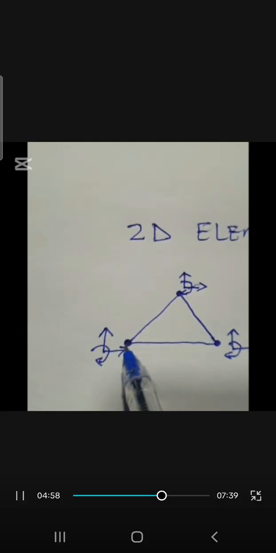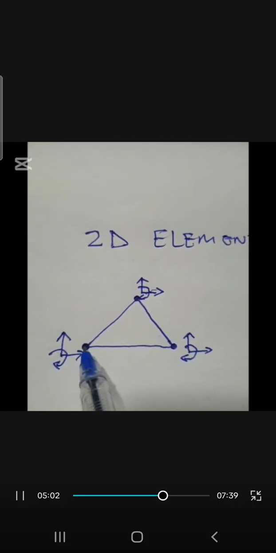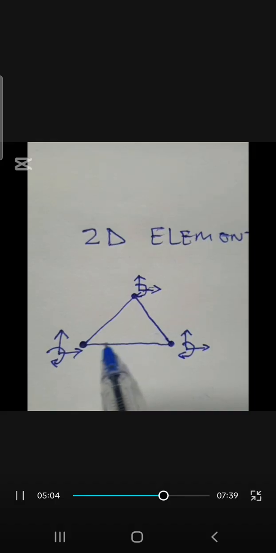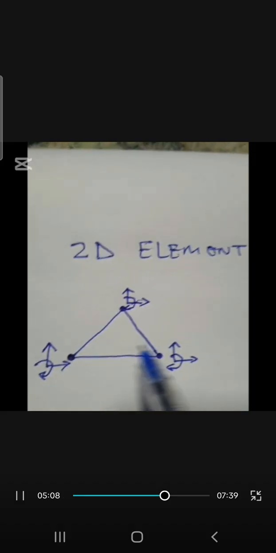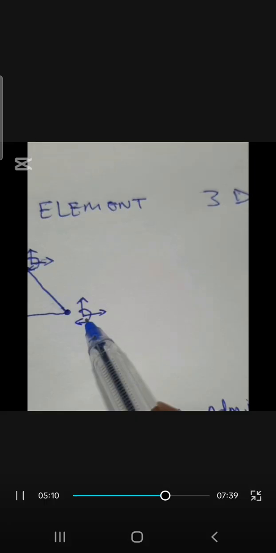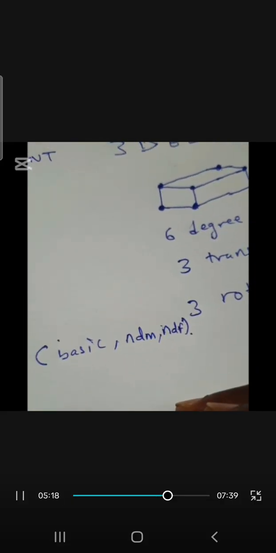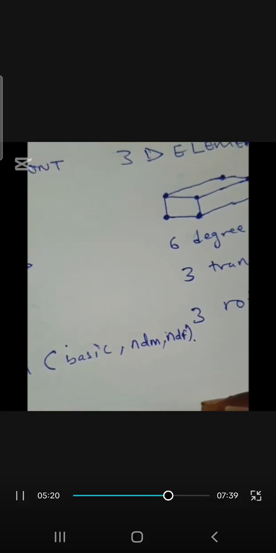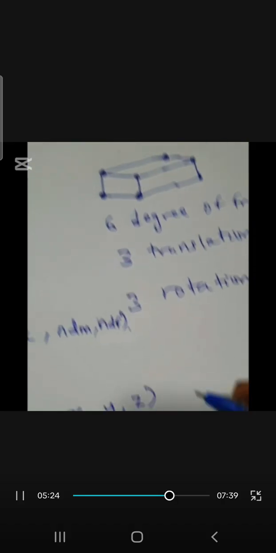So like in this, you have the coordinate of this node, in which you have the x, the y, and the z coordinate. Also for this one and also for this one. But we know that this doesn't have the z coordinate, so it's going to be 0. So you have x, y, and z.